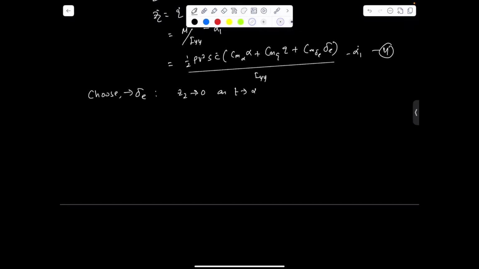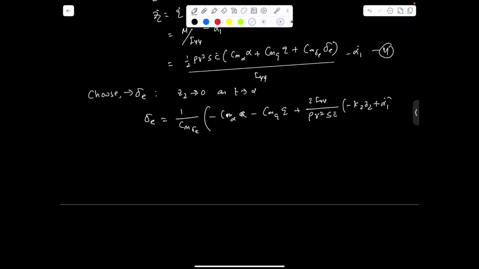So here we are choosing delta I as 1 divided by Cm delta I, times minus Cm alpha, minus Cm q plus 2Iyy divided by rho V square S c bar, minus k2 g2, plus alpha 1 dot.